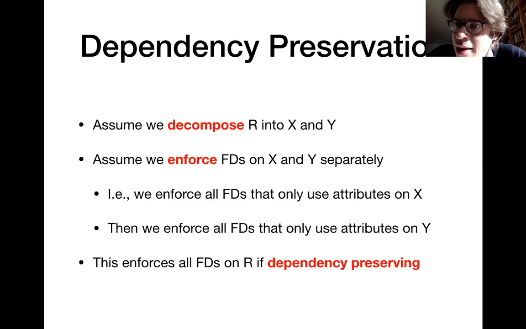But you're absolutely correct that it is at odds with trying to decompose as much as necessary to avoid redundancy. That is the compromise. Boyce-Codd normal form does not guarantee dependency preservation. The third normal form that we have seen does. And in the following, we're going to see an algorithm which allows you to get into third normal form by preserving dependencies. Yes, so that is totally the right insight here.